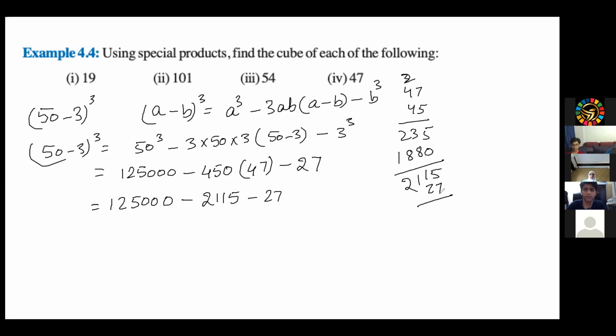Ma'am, it will be 21150, na? The zero will also come, na, ma'am? 21150, 0 is also there.